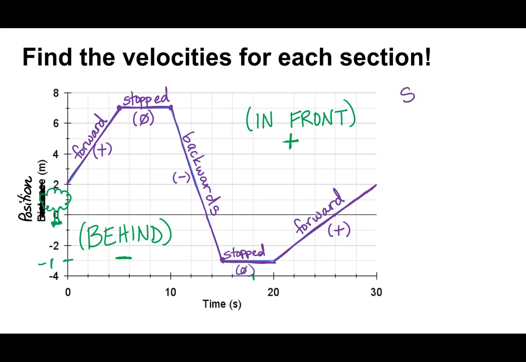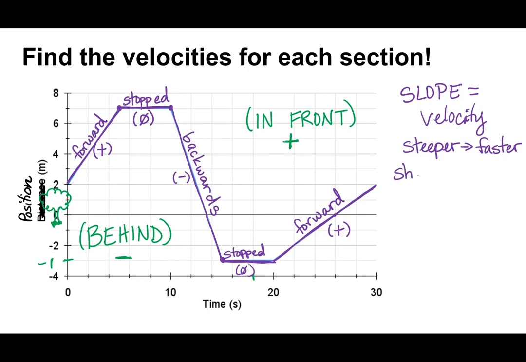Slope here on a position time graph is the same as the velocity. Velocity is just how fast you're going in a certain direction. And so in this first segment, we are going forward, which is our direction, at a certain velocity. Well, the steeper the slope is, then the faster the value.